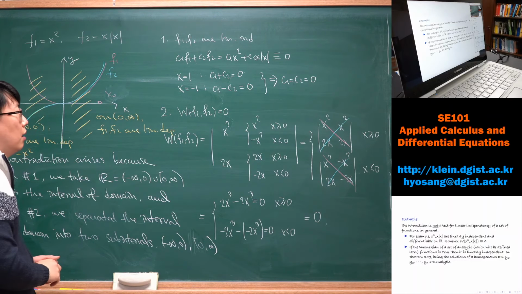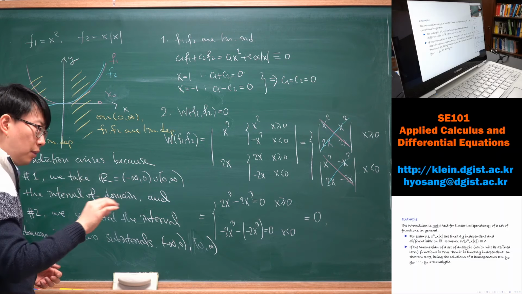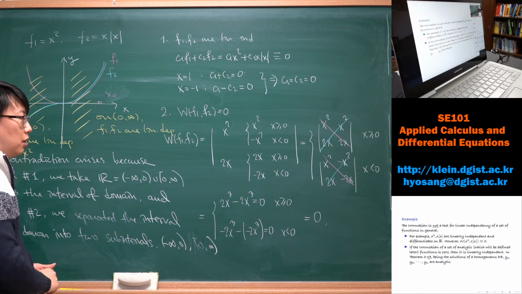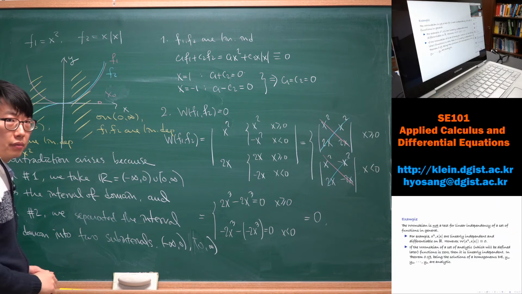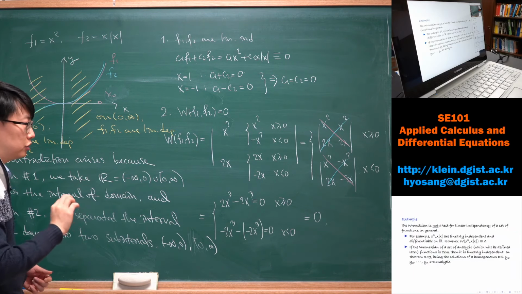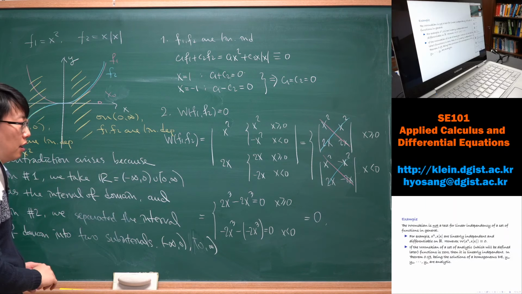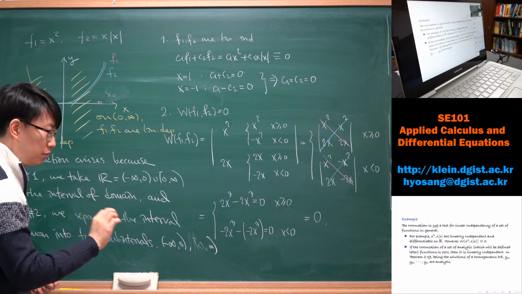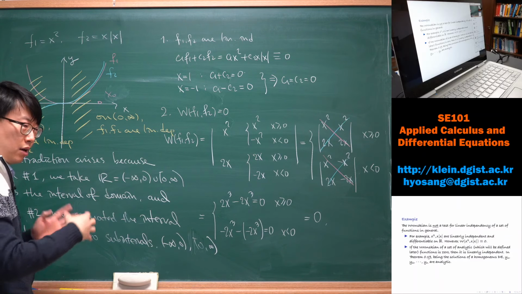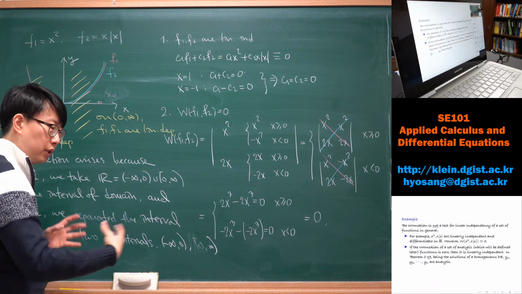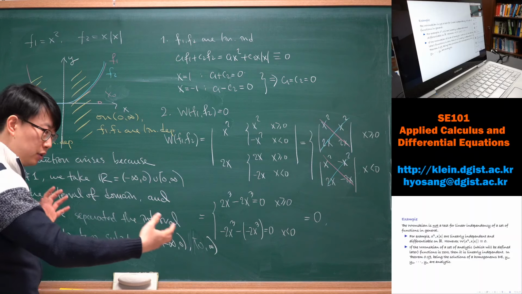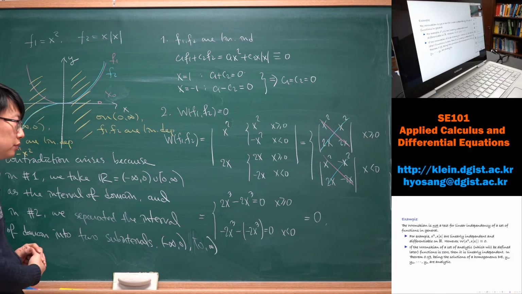So if you want the summary, what's the point? What's the conclusion? Just check the Wronskian, okay? Just check the Wronskian on the small interval around the initial point where you want to find your particular solution.